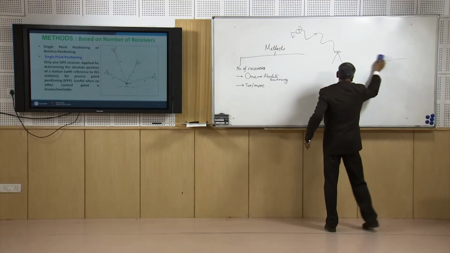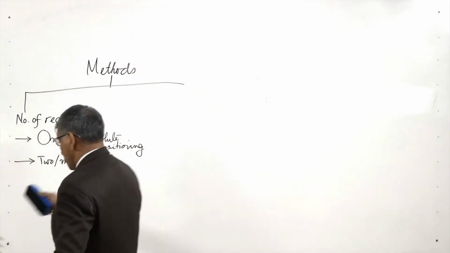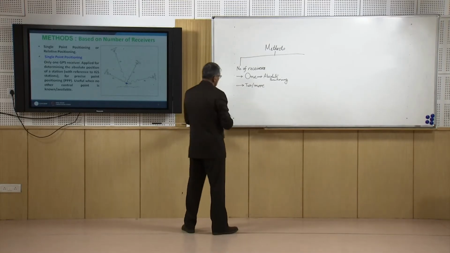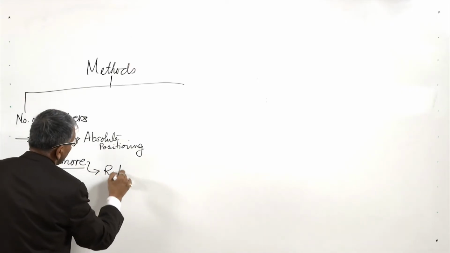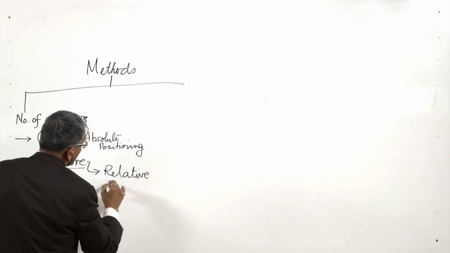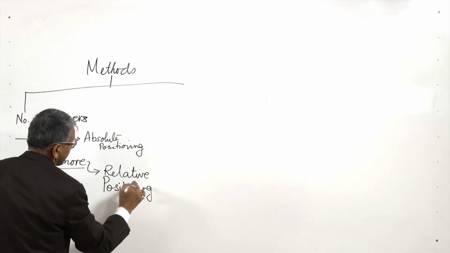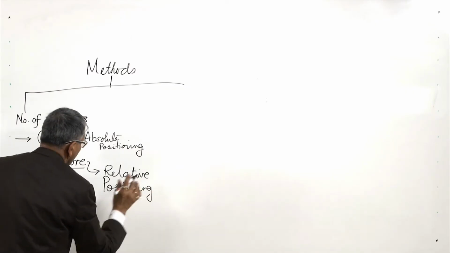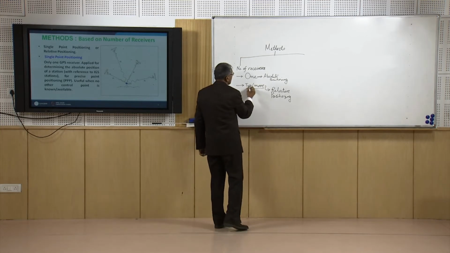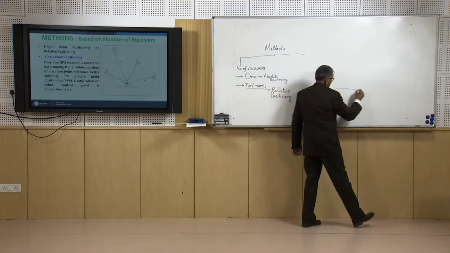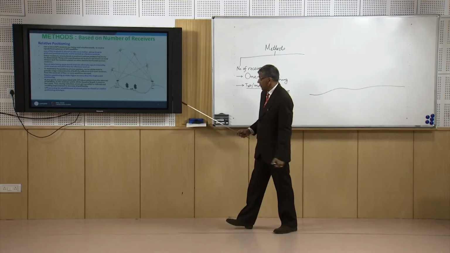Then another method, depending upon the number of receivers, more than one, that is either 2 or more, is called relative positioning. Now in relative positioning, as I told you, there may be 2 or more. Here only 2 receivers are shown.